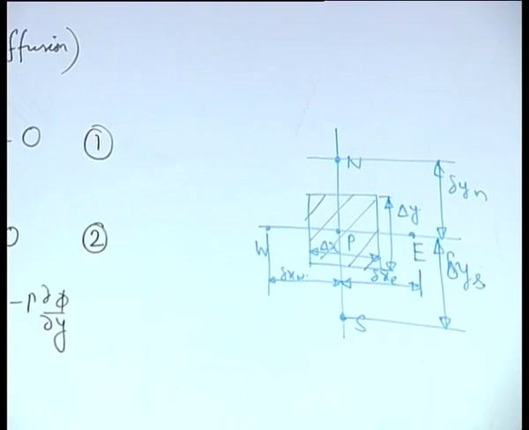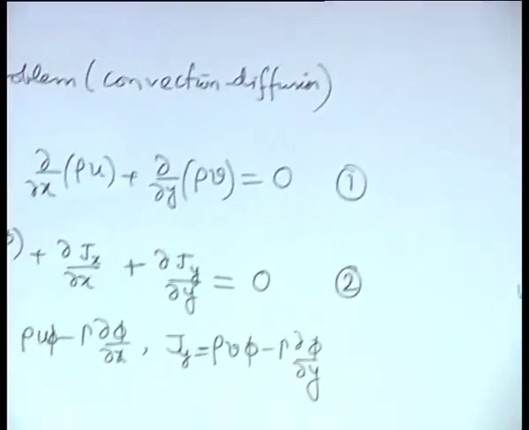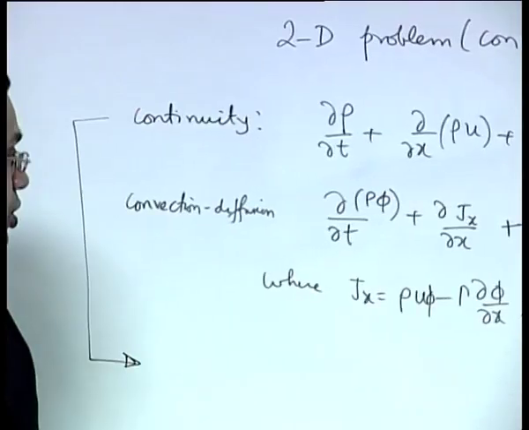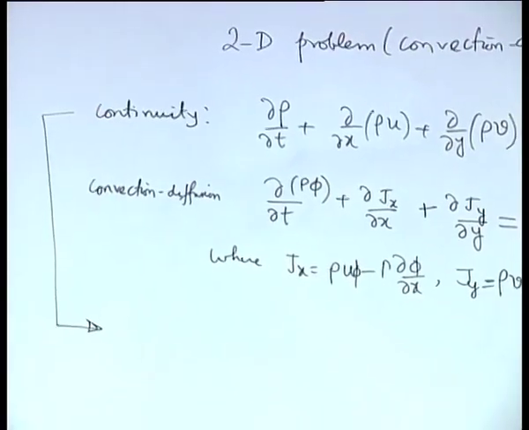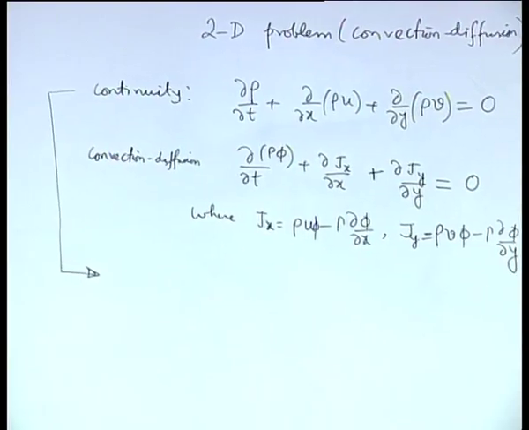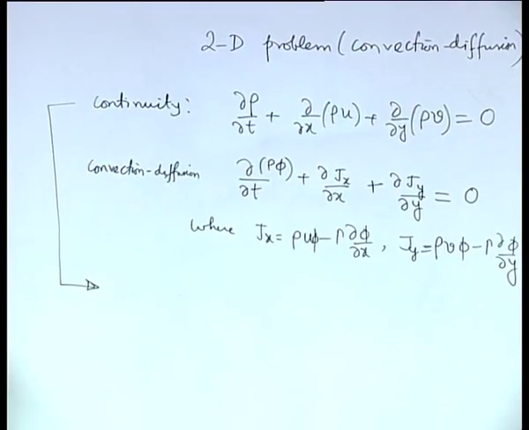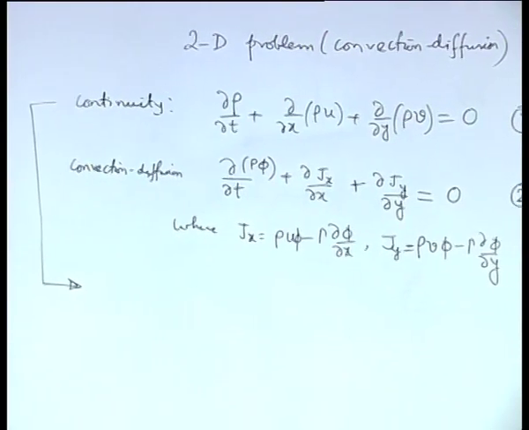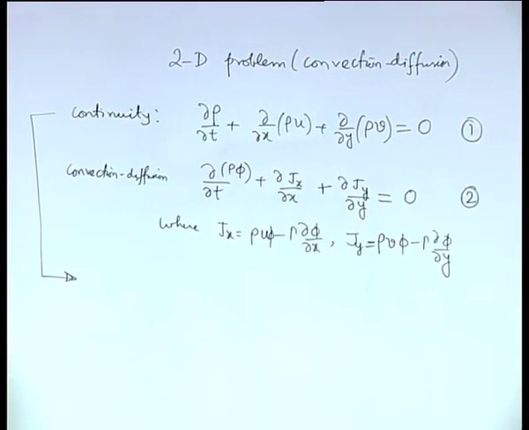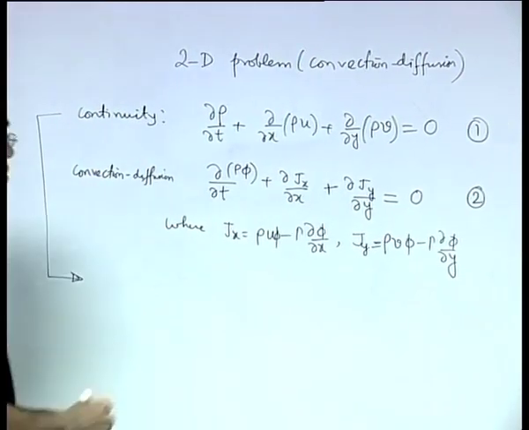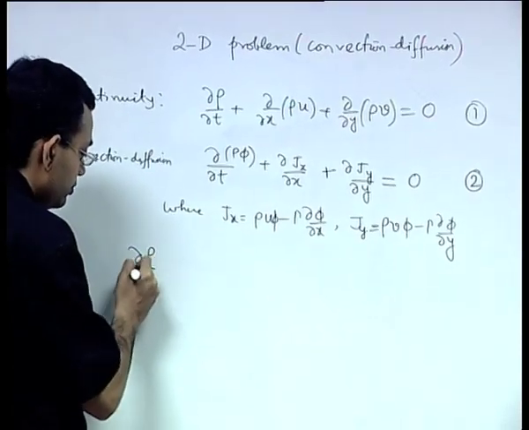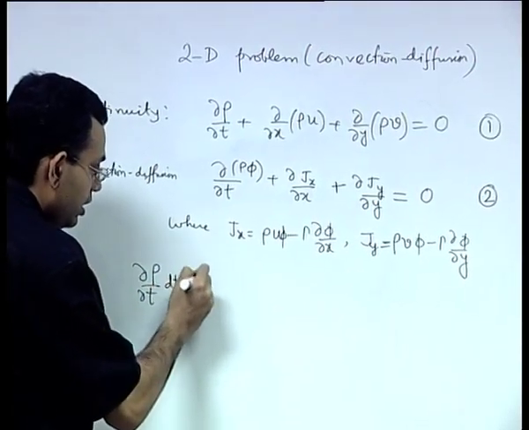So, let us begin with the continuity equation. So, what will be the first step? Integrate the governing differential equation. Remember, we are considering a finite volume discretization. So, integrate the governing differential equation over the control volume and also with respect to time. So, you have del rho del t dt dx dy.